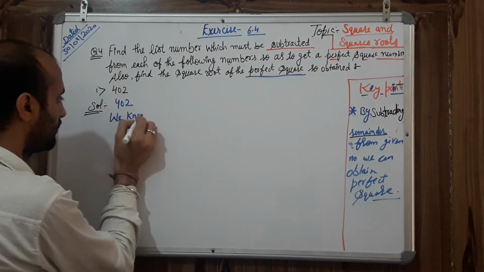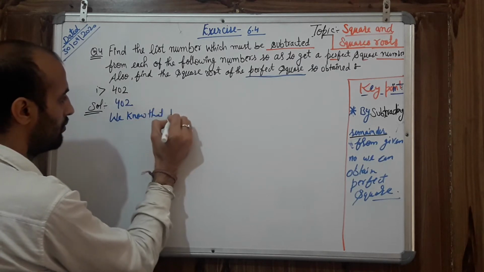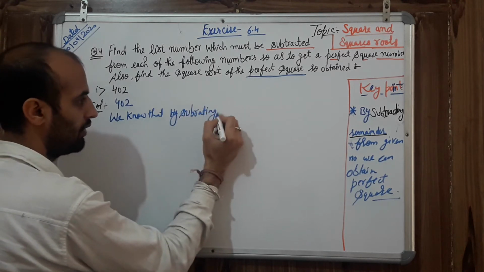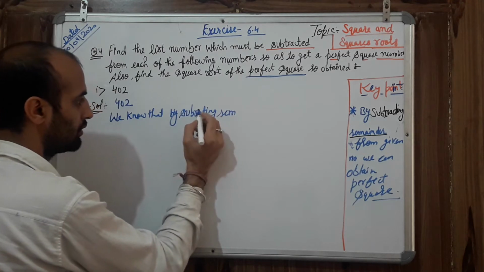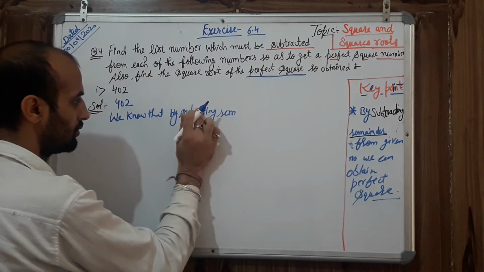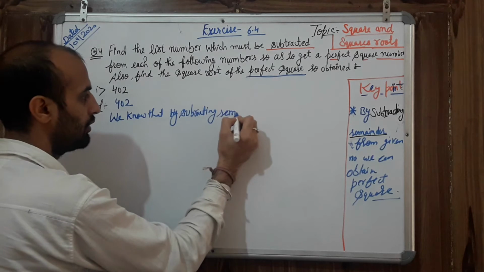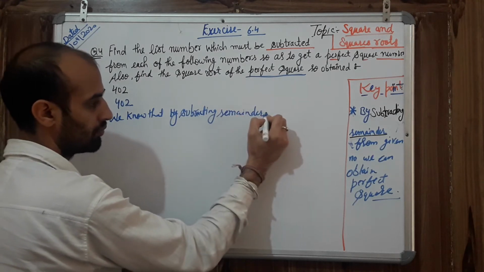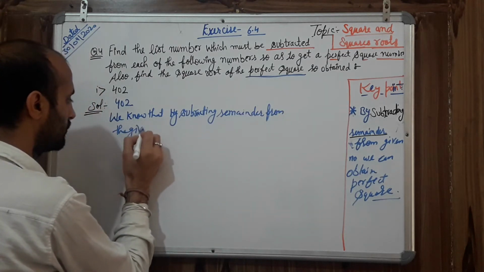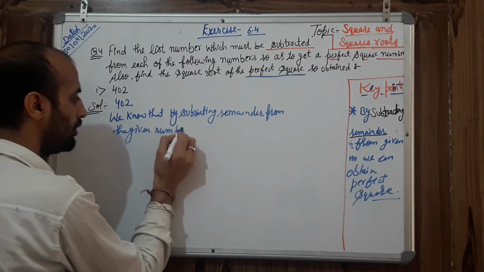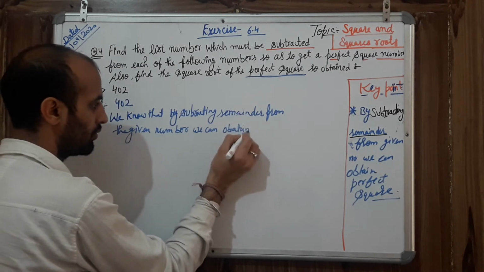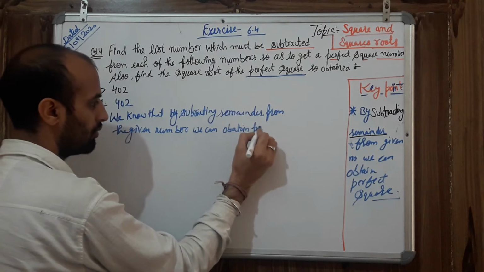We know that by subtracting remainder from the given number we can obtain perfect square number.